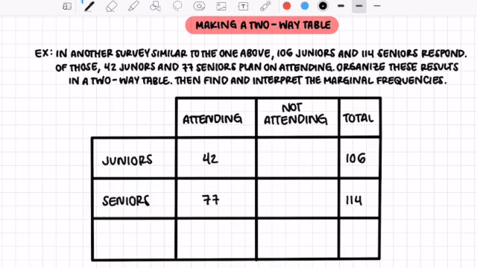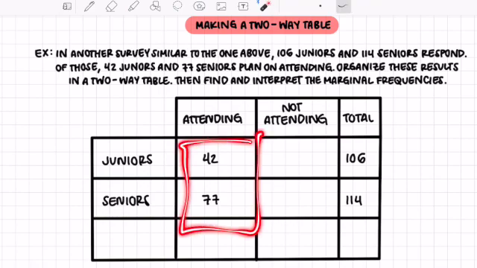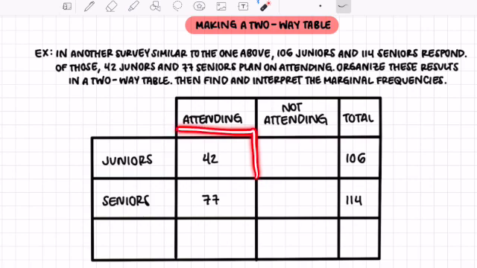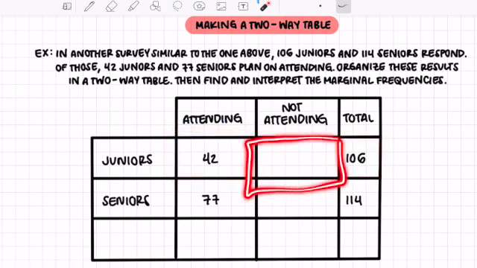77. Cool. Then, because we have these data points provided to us, I know that 42 people are attending based off of the 106 data points. So that can also help me identify who did not attend.